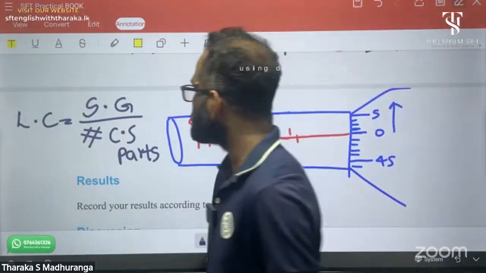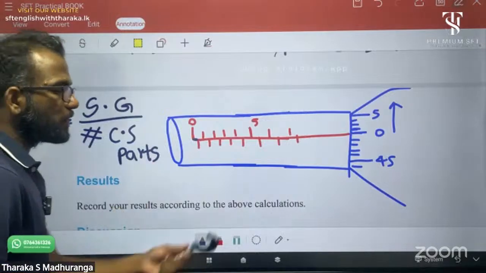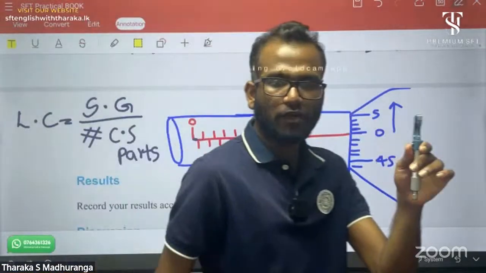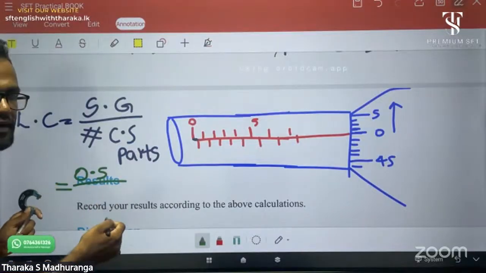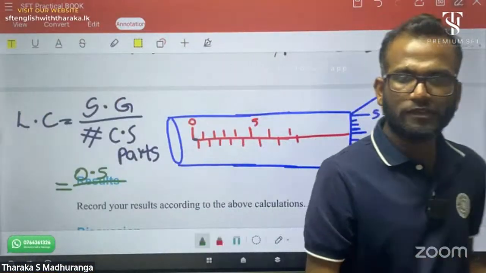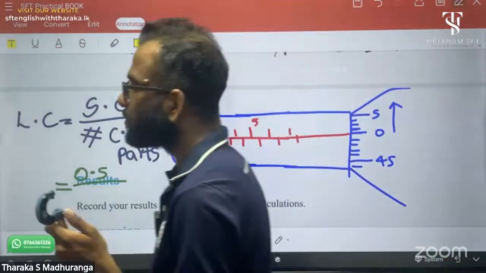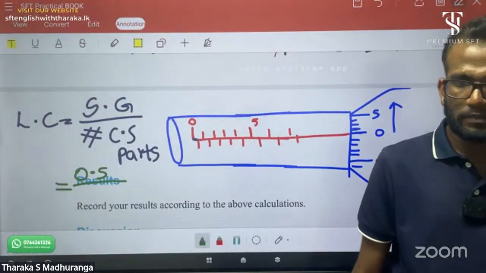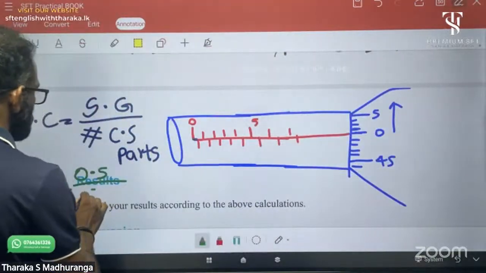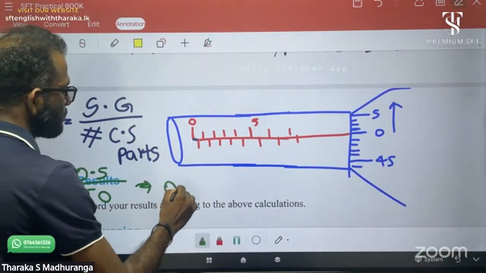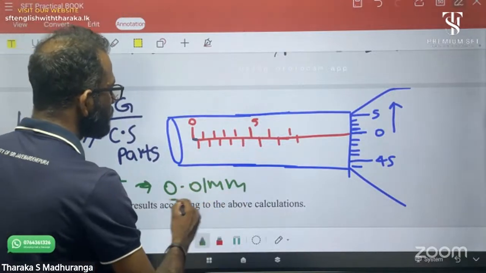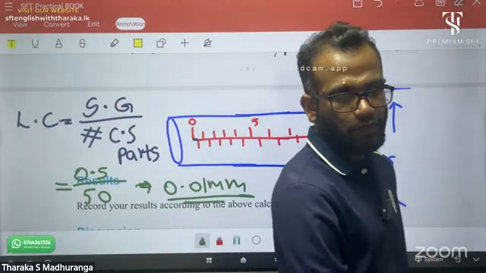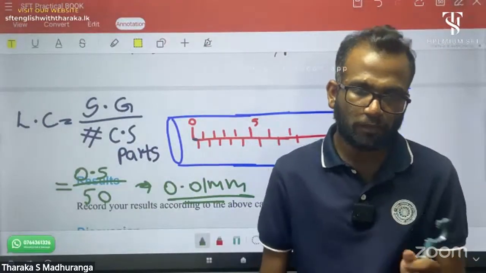The screw gap is 0.5, as I told you, and the number of circular scale parts? Joel, how many? It is 50. Good. Then 0.5 over 50 is 0.01 millimeter, the regular and commonly used micrometer screw gauge. The least count is 0.01.